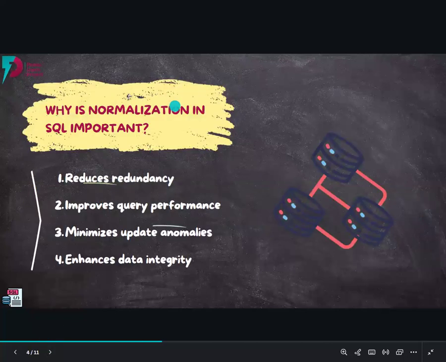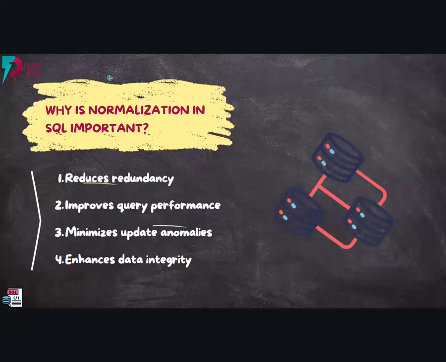So these are some of the importance of normalization in SQL. Number one, it reduces redundancy. Redundancy is when the same information is stored multiple times, and a good way of avoiding this is by splitting data into small tables. We also say it improves query performance, meaning that you can perform faster query execution on smaller tables that have undergone normalization.